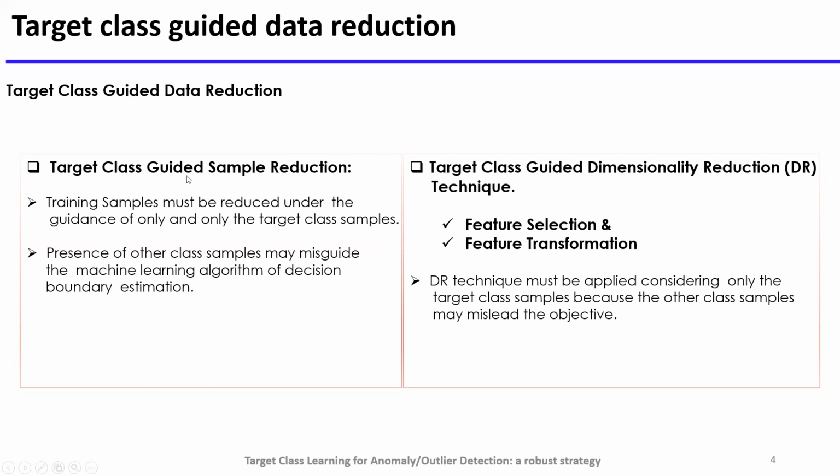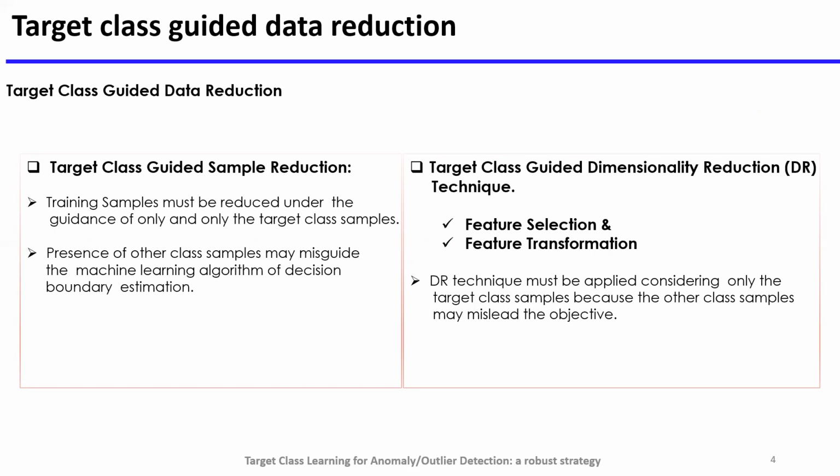If you go for target class guided sample reduction, then the training samples must be reduced under the guidance of only the target class samples, because we already assume that we do not have any other class samples as training samples. At the time of training, we have only the target class samples. So we must opt for some mechanism or learning strategy to extract the most promising samples of the target class from the huge sample space so that they can describe the target class in a better way.